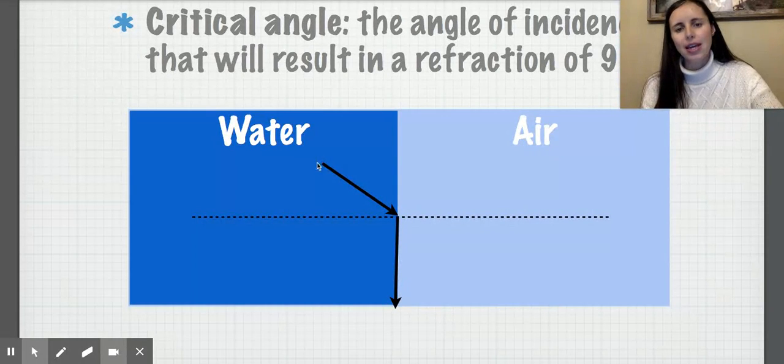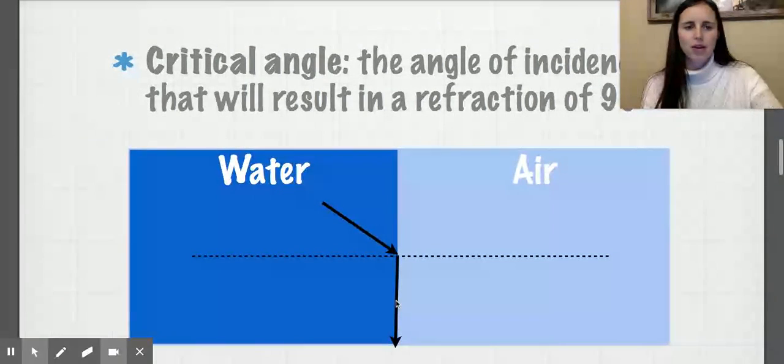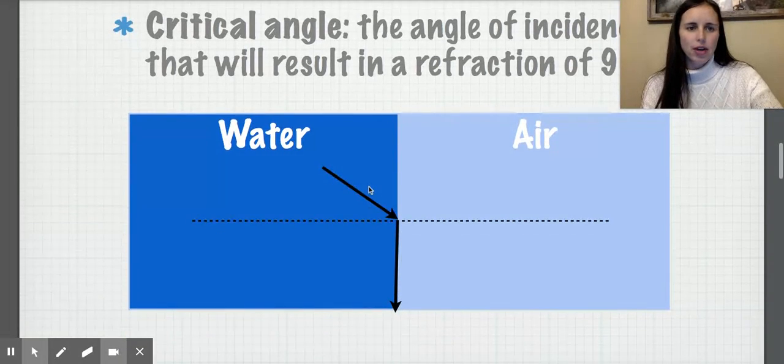Eventually, you're going to get an angle of incidence that's actually going to cause light to bend away from the normal so far that it bends at 90 degrees. So at this critical angle, the light is really not entering the air at all. The light is passing right between this line of water and air. So we call that the critical angle.